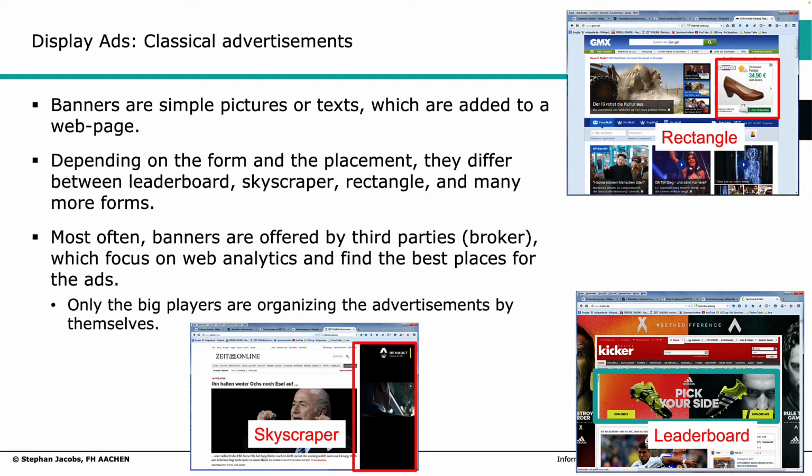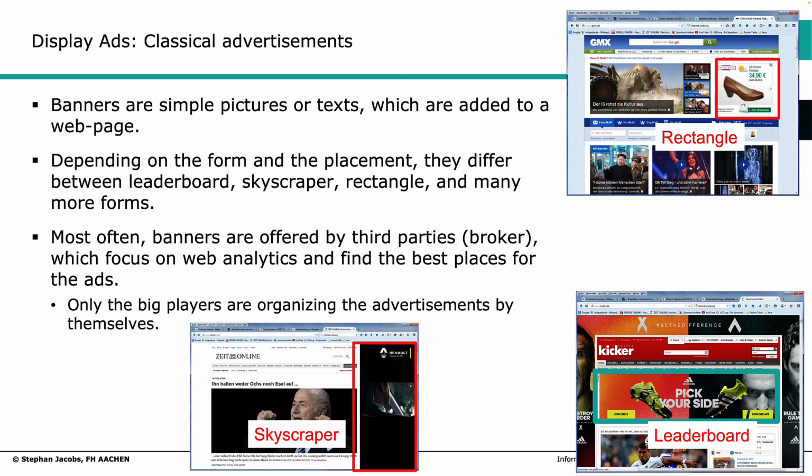In the upper right corner you see a rectangle, and you can see why it's called that, because it's simply a rectangle or square. And in Kicker you can see a leaderboard. This leaderboard is just on top of the article and maybe creates higher attention.